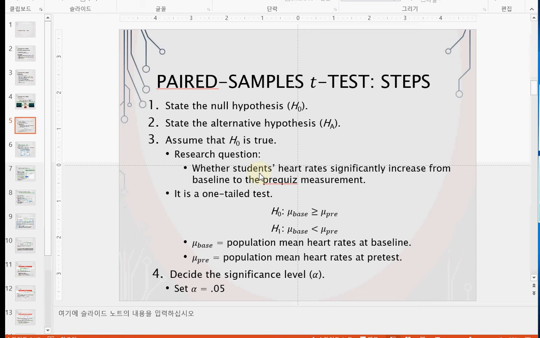So we can express the alternative hypothesis as mu pre is greater than mu base. Then the null hypothesis should go the other way, containing the equality. Mu base represents the population mean heart rate at baseline, and mu pre represents the population mean heart rate at pre-test.